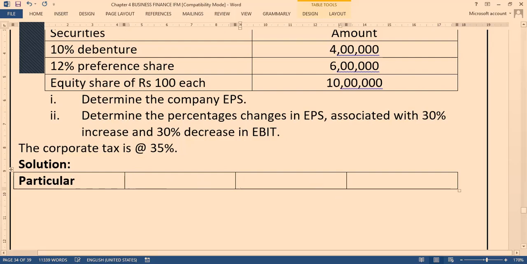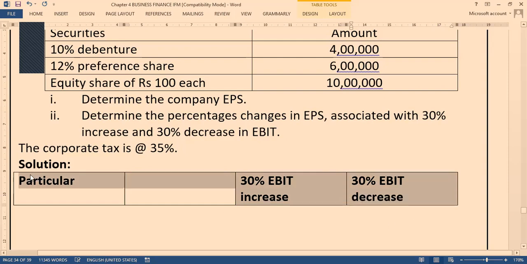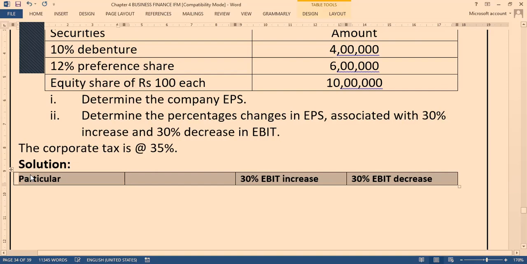Again, we have to focus on a 30% change in EBIT, that means increase. Okay. Again, we have to do the same thing as a decrease case. It has become too much. Okay. Here, the EBIT has no change.